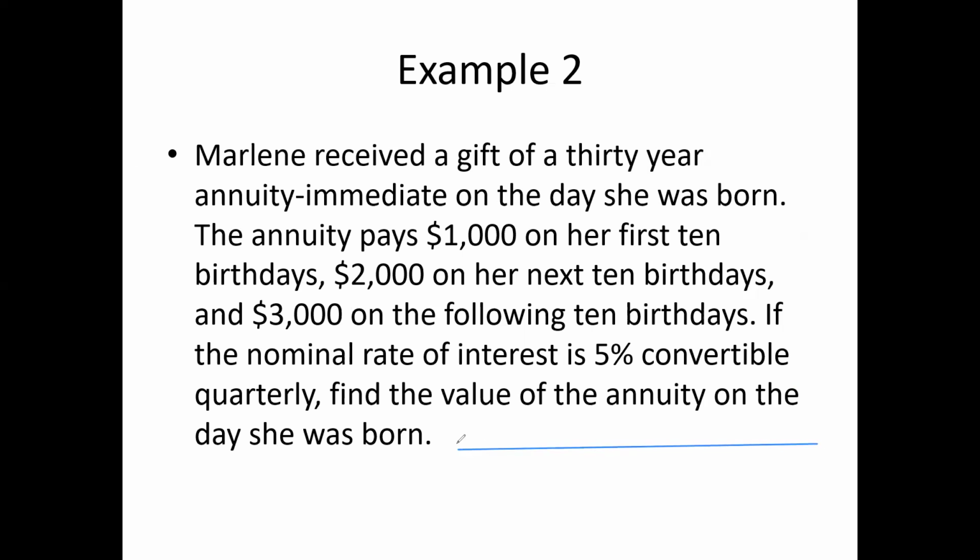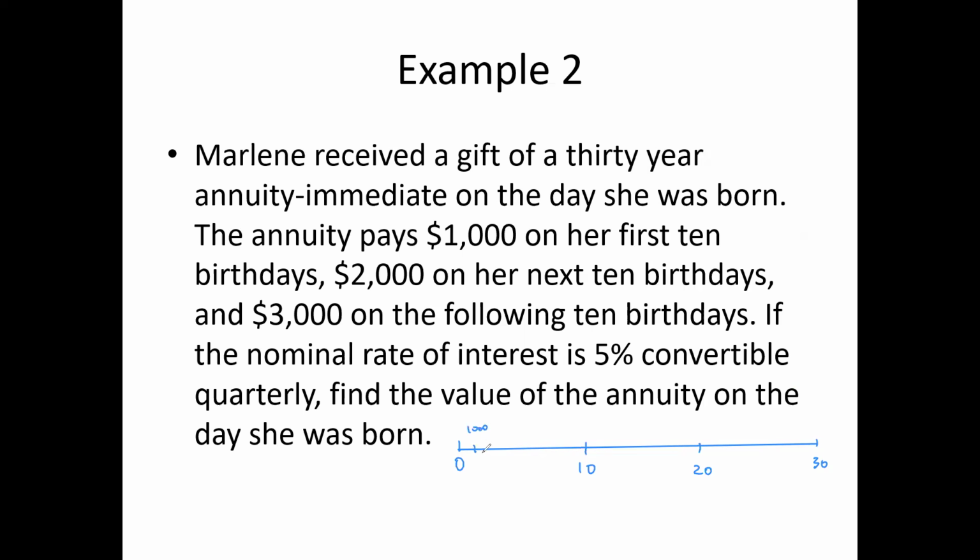So time zero is when she was born. On her first 10 birthdays, then we have 10 birthdays, 20s, 30s. Here is 1,000.